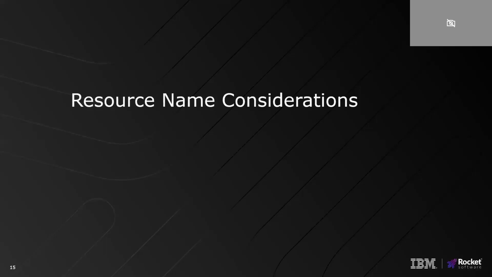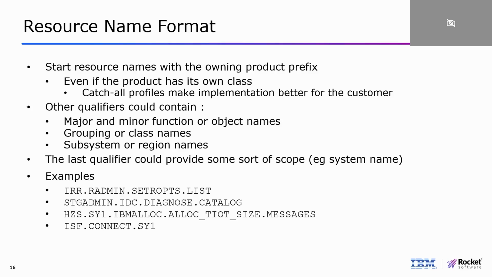So resource name considerations. General good practice, if you own a software component, you have a product prefix. You have your 3-character product prefix that dictates it's you. It's your namespace. It's your, I can be installed in an SMP/E CSI with other software products. It's my unique 3-character prefix.